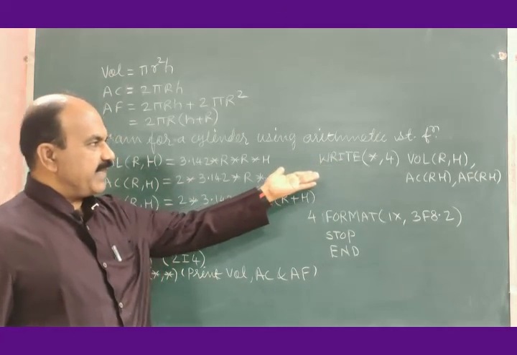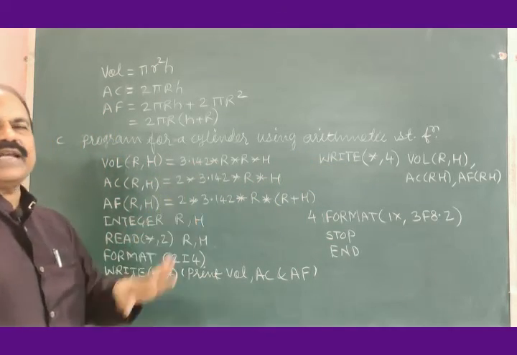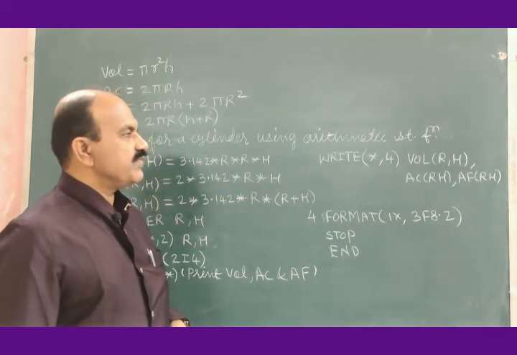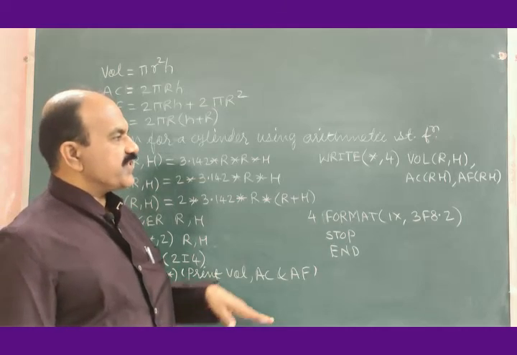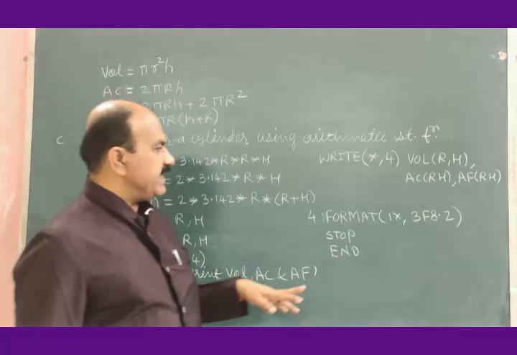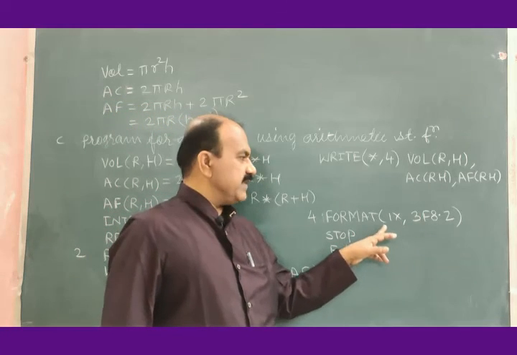In this print statement, the calculation will be automatically done, and values of volume, area of curved surface and area of full surface will be automatically printed with this format.